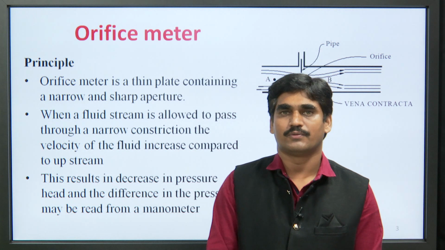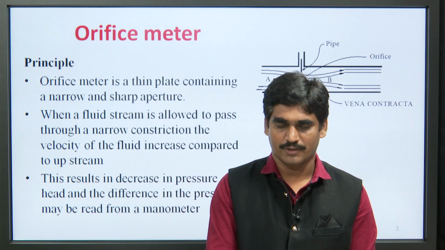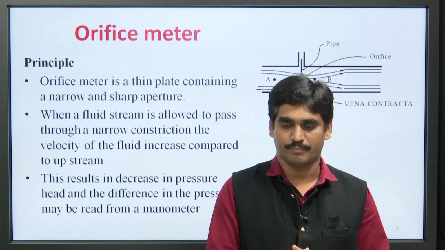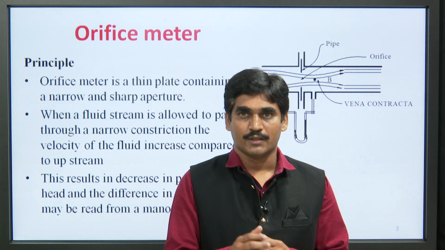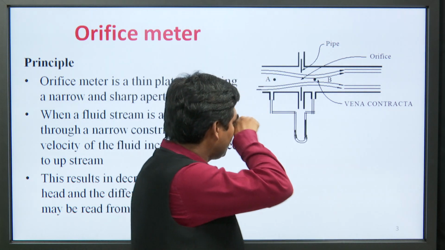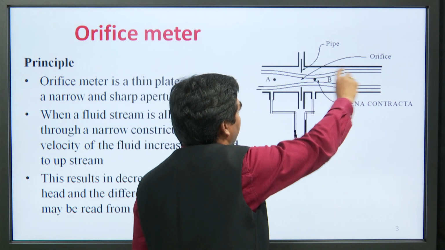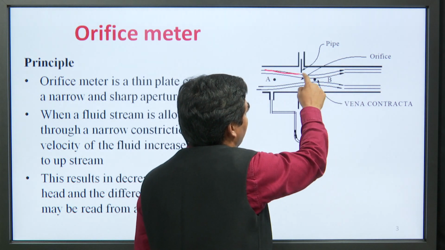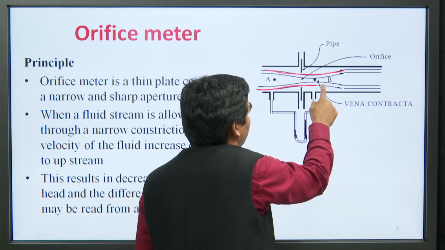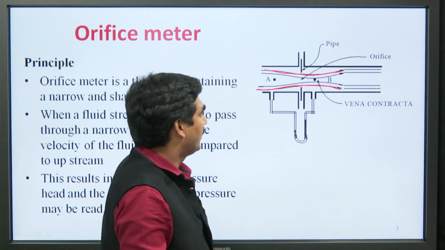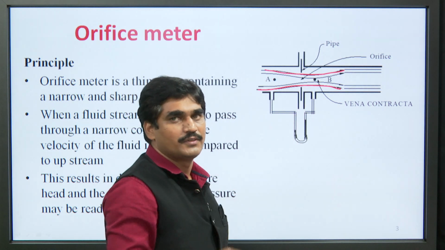What is the principle of working of this orifice meter? It is a thin plate. Orifice meter is a thin plate generally containing a narrow and sharp aperture. So, this is a thin plate, this is a pipe in which if you will see this is the arrangement which is called as the orifice meter.